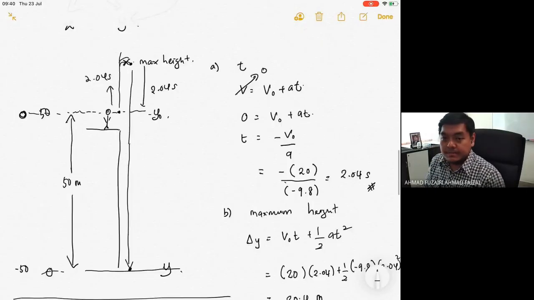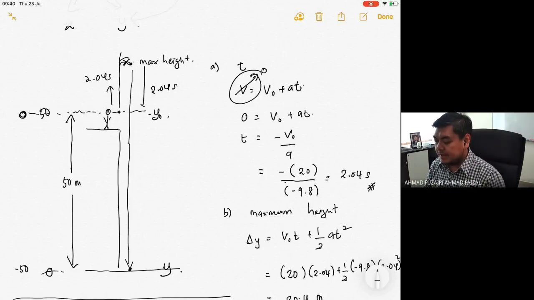Masa question A, saya memang confirm yang dia pergi ke maximum height. Maximum height, kita boleh letak v equals to 0. v, final velocity ni memang equals to 0. So kita boleh pakai equation yang pertama.